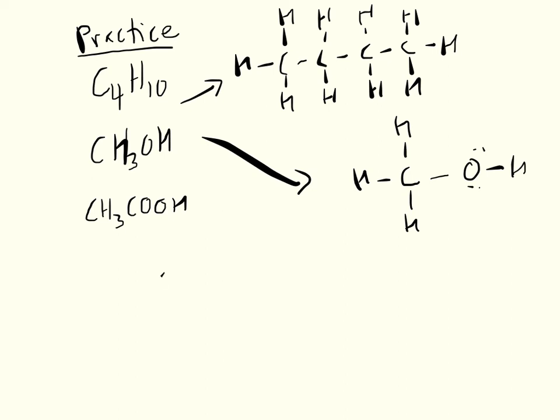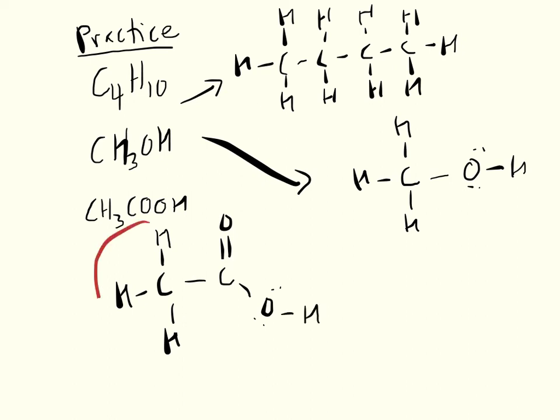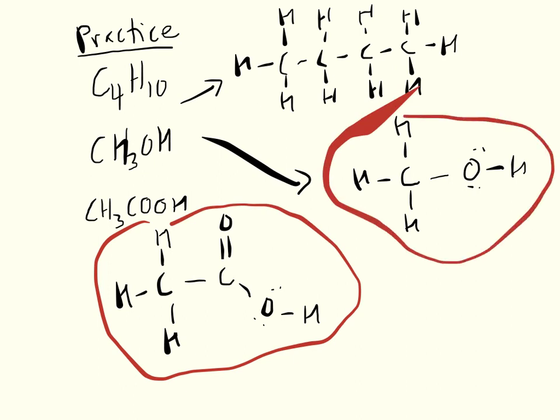And here is CH3COOH. So for practice, take these 3 compounds and draw them as an organic chemist would. And I'll show the results on the next page. So hit pause to give a practice.